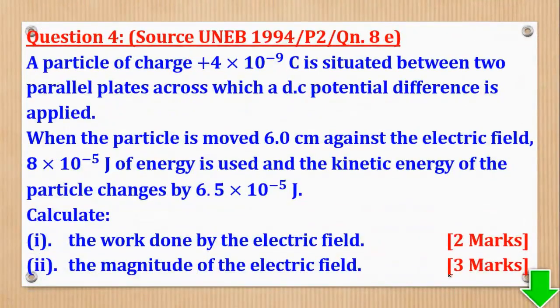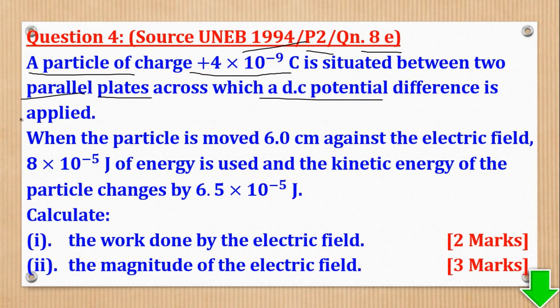Then question 4 came from UNEB 1994, Paper 2, question 8e, and it says, a particle of charge positive 4 exponent negative 9 Coulomb is situated between two parallel plates, across which a DC potential difference is applied.